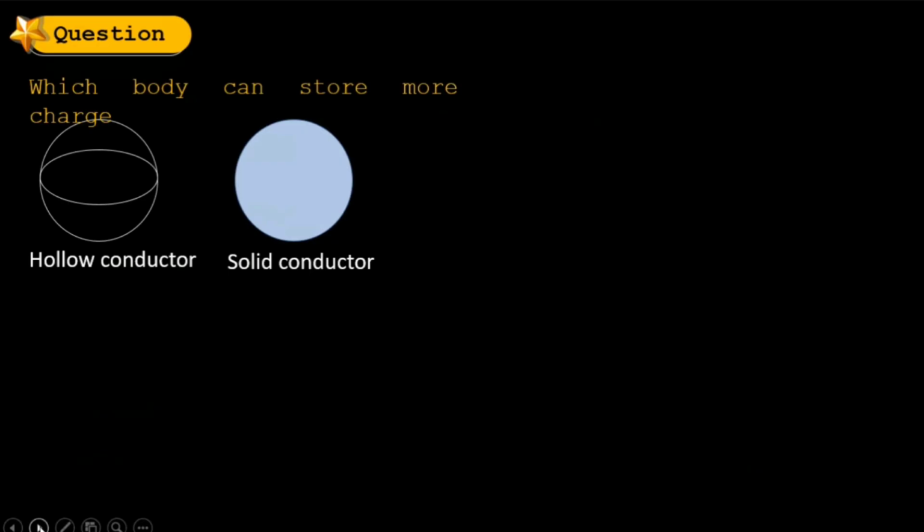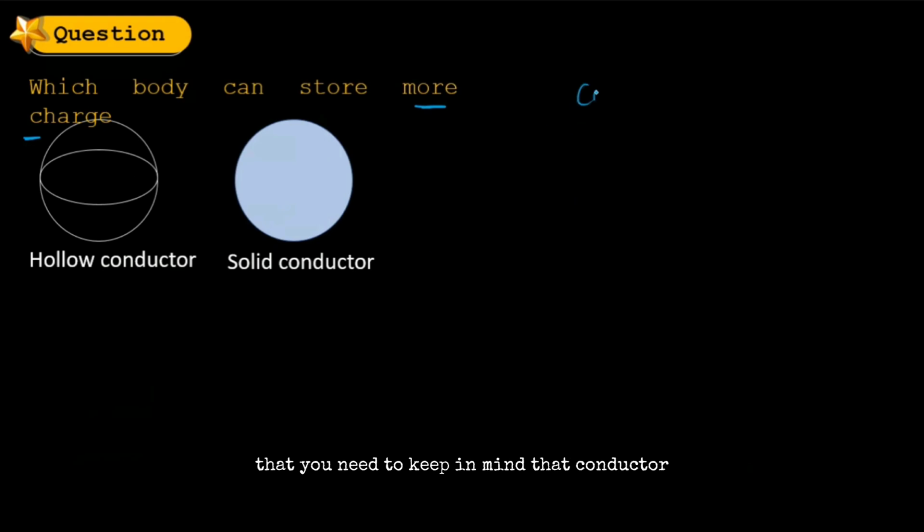So there is another question: which body can store more charge? The question is pretty normal, but the answer might shock you, because whenever we are talking about any type of conductor, one thing you need to keep in mind is that conductors always store charge on their surface.